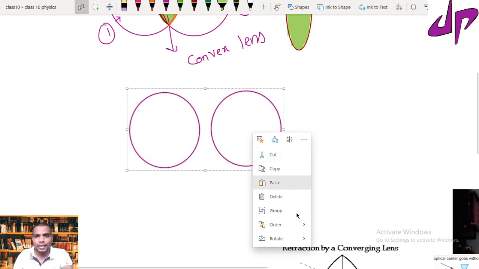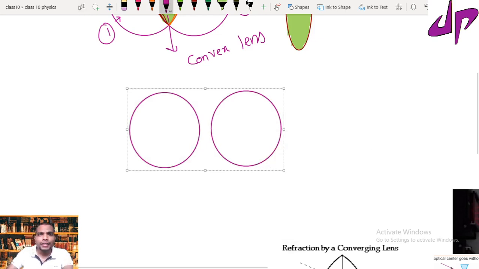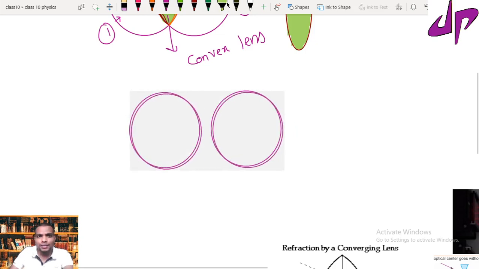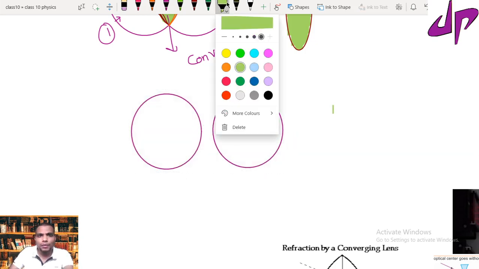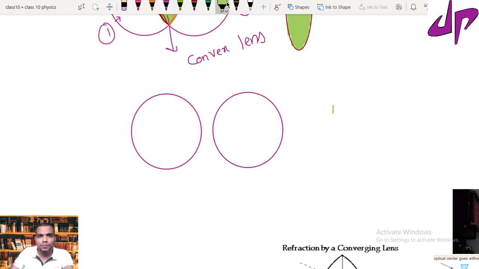And if we take the mid portion between them, so this is the mid portion between the two spherical surfaces, this portion will act as our concave lens.